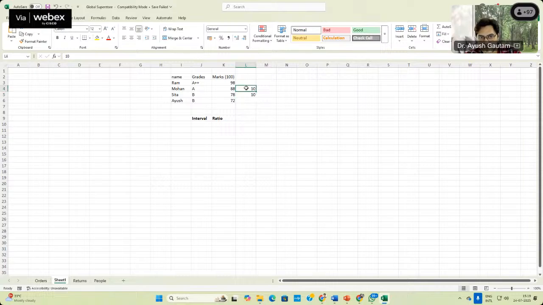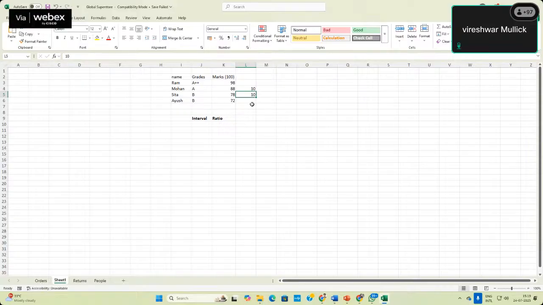Agree? So here the difference of 98 and 88 marks is 10 and the difference of 88 and 78 marks is 10. Now these both 10 are equal, right? What does it mean? It means that the difference is always constant.